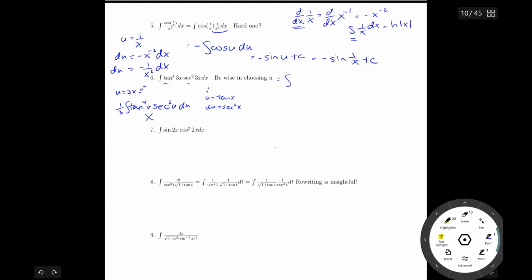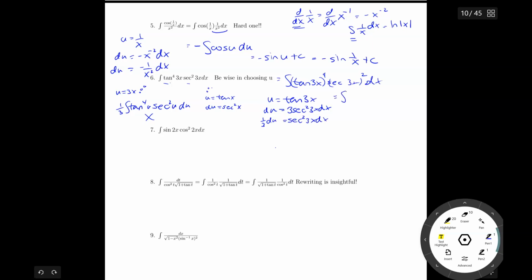So let me rewrite the problem. So I have tangent of 3x all to the 4th power, secant 3x all squared. Okay, so let's let u equal tangent of 3x. Using the chain rule, I get 3 secant squared of 3x. So I just have secant squared of 3x, so I need a 1/3 here so that I can make the substitution.